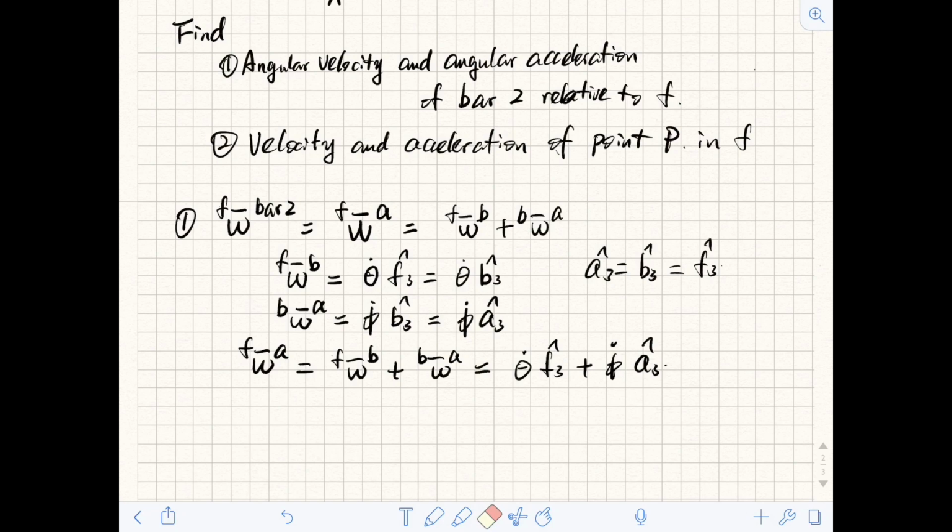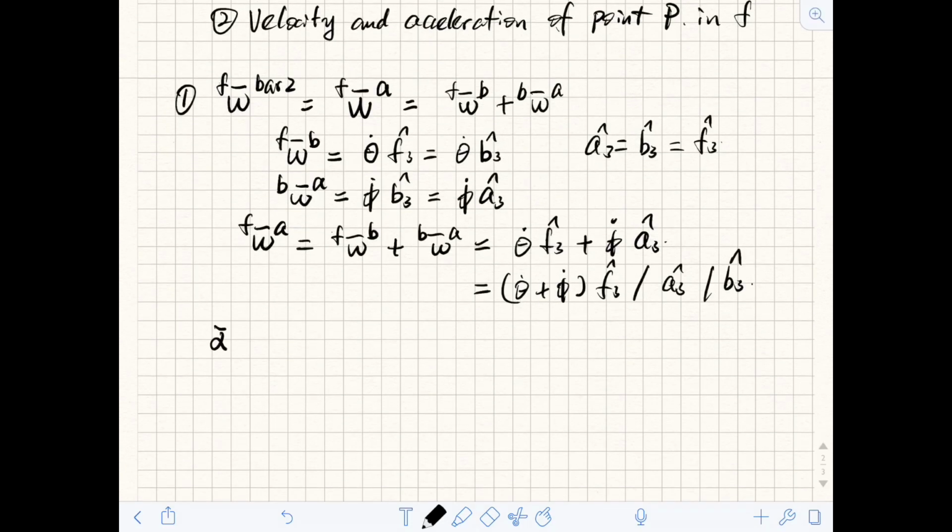So we can interchange the vectors F3, A3 with B3. Let's just simplify that. We have theta dot plus phi dot, and it's in the inertial frame. And we can also express it in A3 or B3.